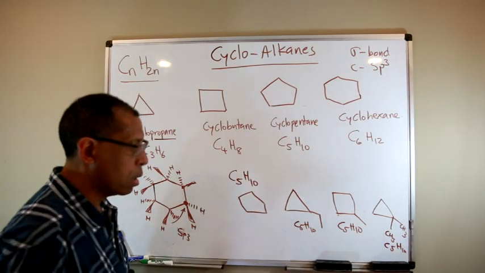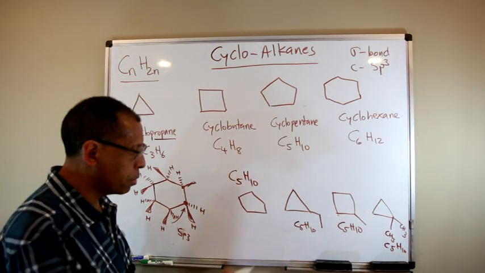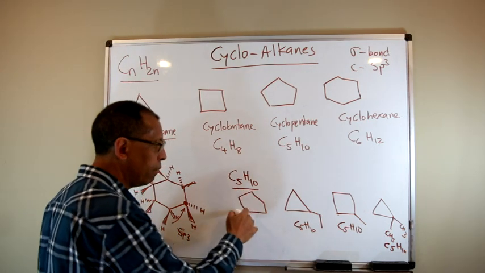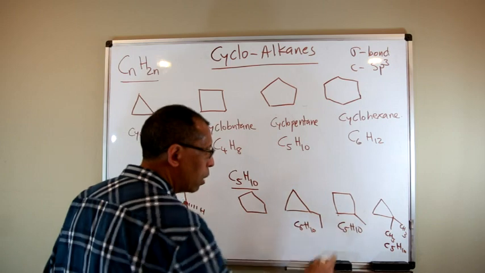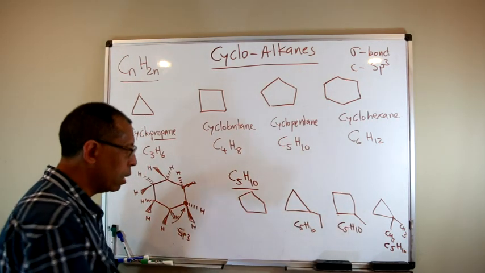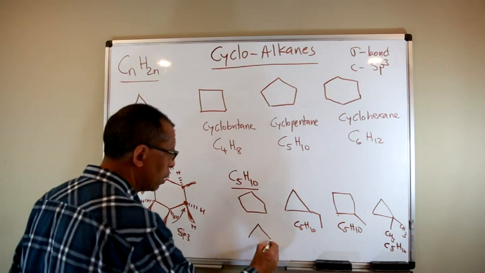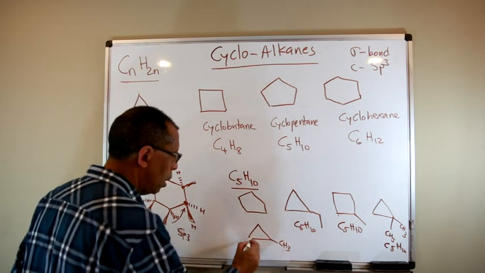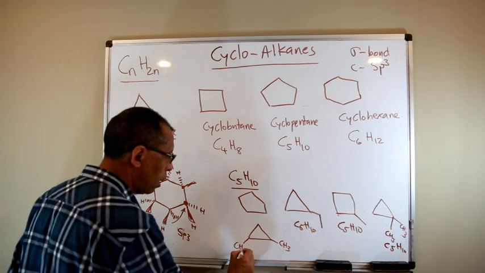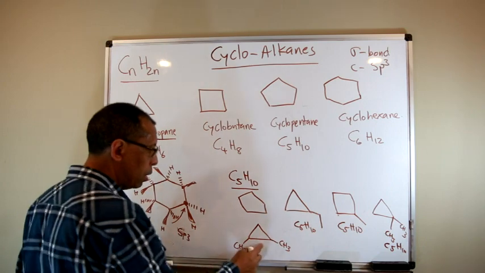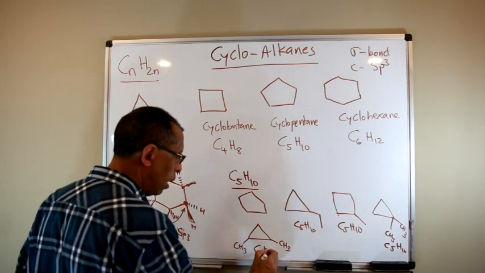It doesn't mean they are the same compounds, but they are constitutional isomers. But from C5H10 you could write 1, 2, 3, 4. The other one can be, for example, you can write CH3 here, another CH3 somewhere else, not on the same carbon, like that, but this is still C5H10.